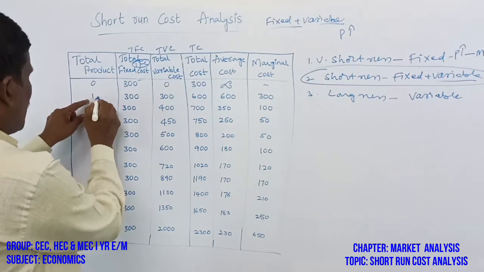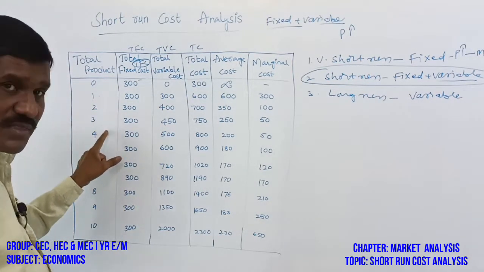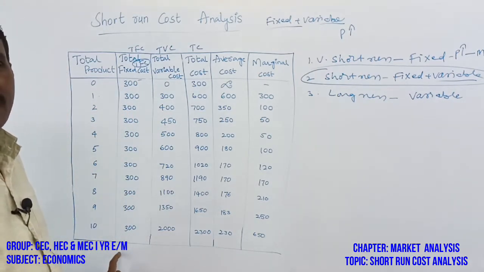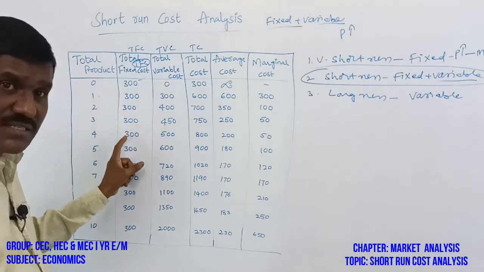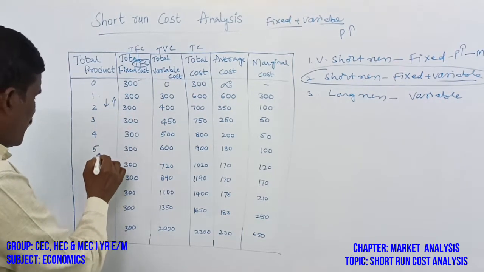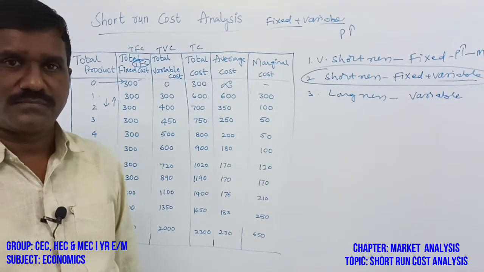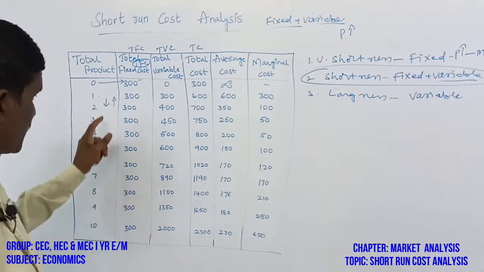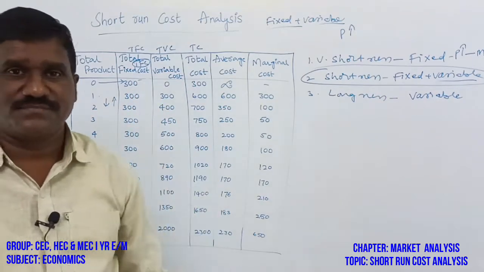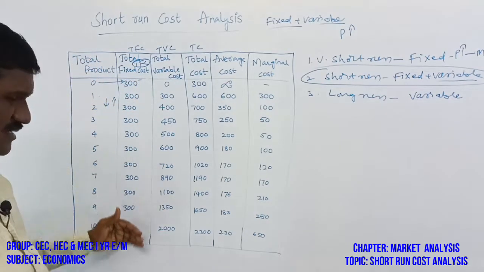When we start production, production increases, but the total fixed cost is constant. If we increase the production, decrease the production, or stop the production, there is no change in the cost. That is called total fixed cost. So this is the first one, total fixed cost.